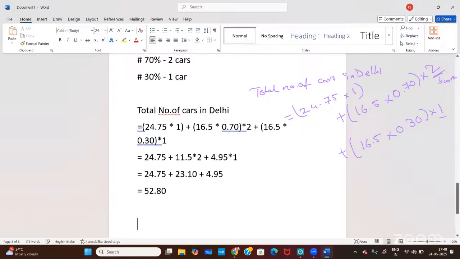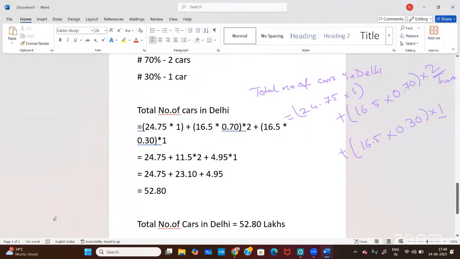So the total number of cars in Delhi equals 52.80 lakhs. So total number of cars would be 52.80 lakhs cars.